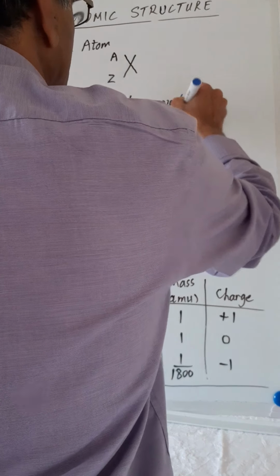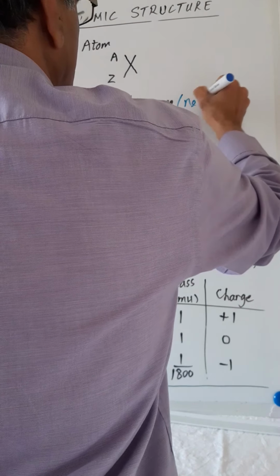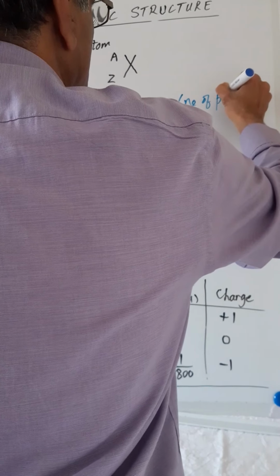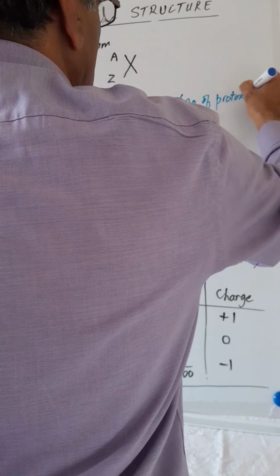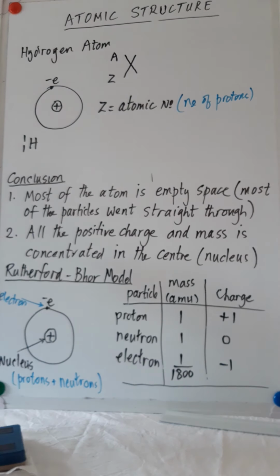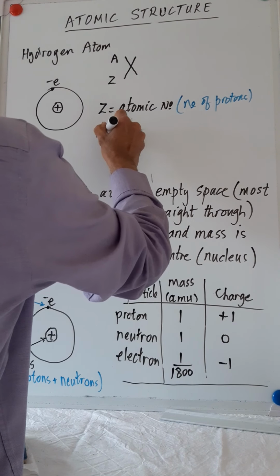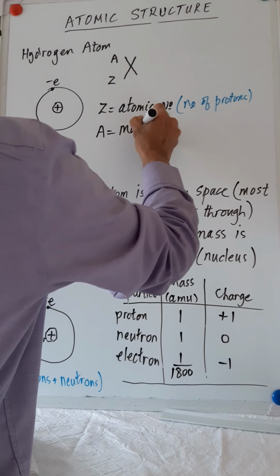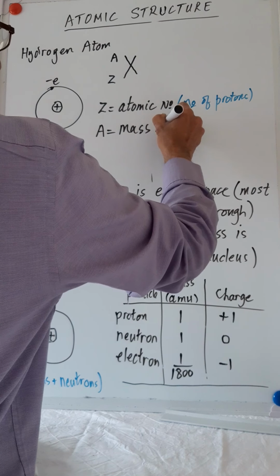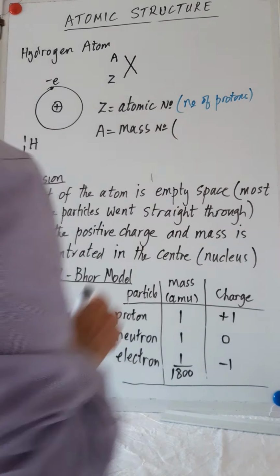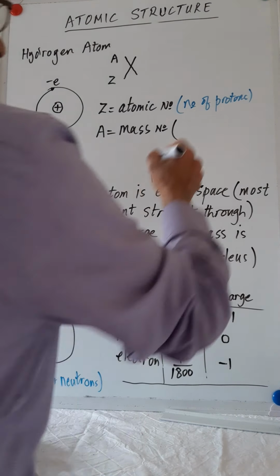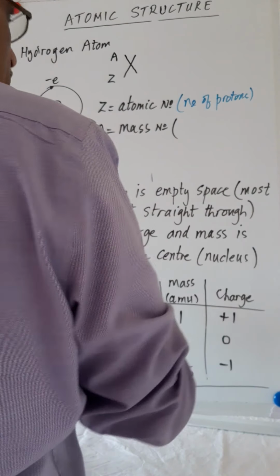And A stands for the mass number. Now, this is the number of protons plus neutrons.